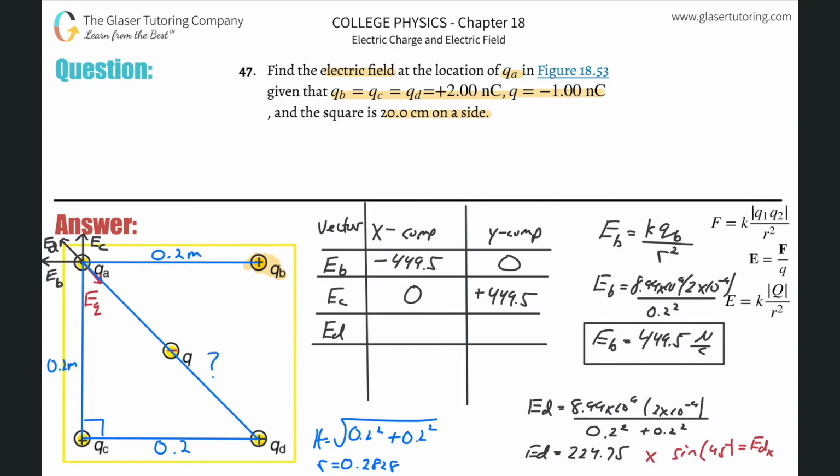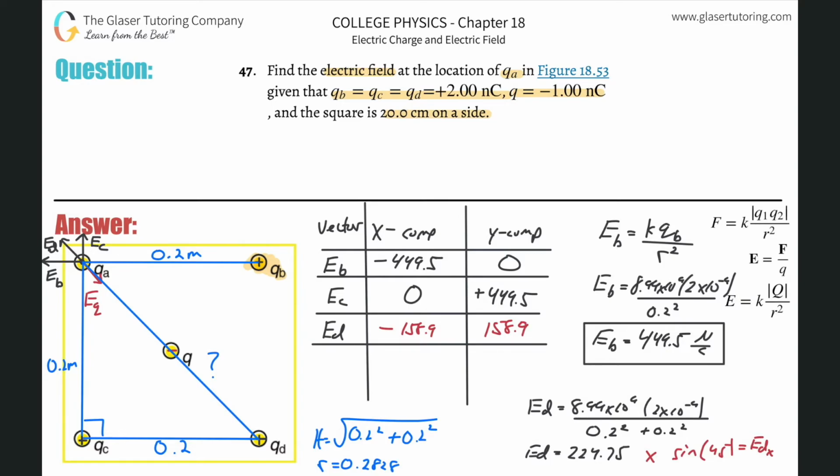It will equal negative 158.9, because the x component of that vector is pointing to the left. And then the y component is going to be the exact same magnitude, but it's pointing upward, so it's going to be positive 158.9. That takes care of E sub d.